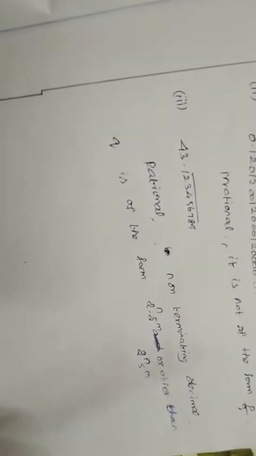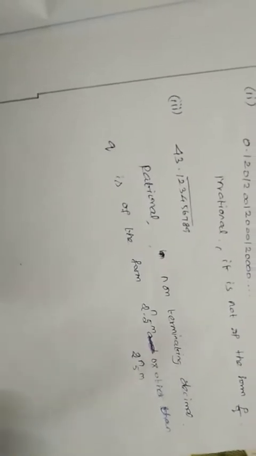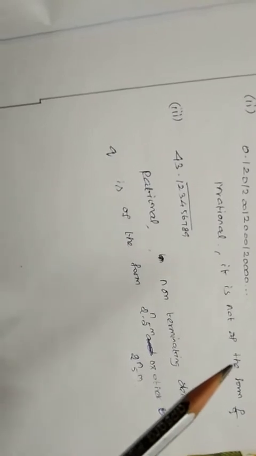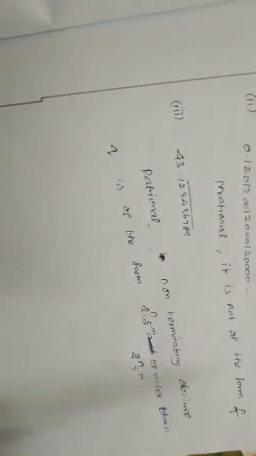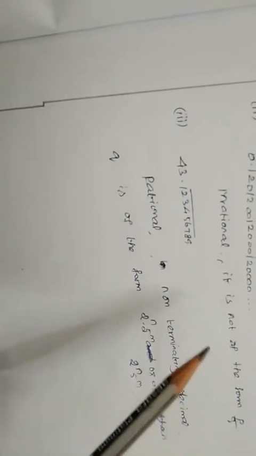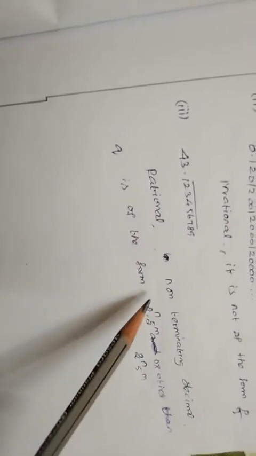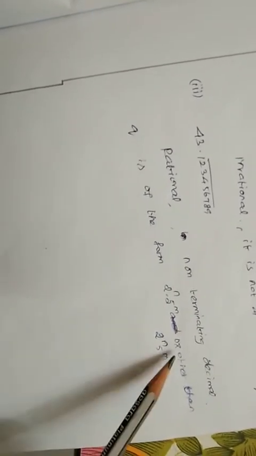Anyway it's a rational number, but if terminating then definitely q is only 2 power n 5 power m, but it's repeating, so other than 2 and 5 we have some factor. So q is not of the form 2 power n 5 power m.